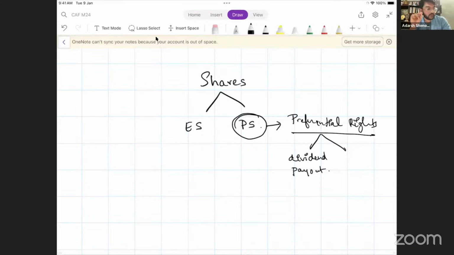In fact, for the preference shareholders, it is given at a fixed rate. So the rate of dividend is already fixed by the company while issuing the shares itself. Like for example, let's say 12% preference shares. So that means 12% is the dividend rate on these preference shares. So first their 12% is given, then whatever is left is given to the equity shareholders.